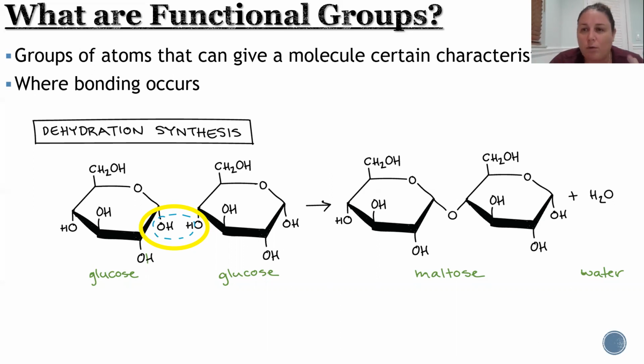But they also are important to know because where you find these functional groups is where bonding is going to occur. And so this little OH right here, so it's an oxygen bonded to a hydrogen, that is something that we call a functional group. And where we find these functional groups is where we're going to connect these two monomers together. So it's where bonding is going to happen.